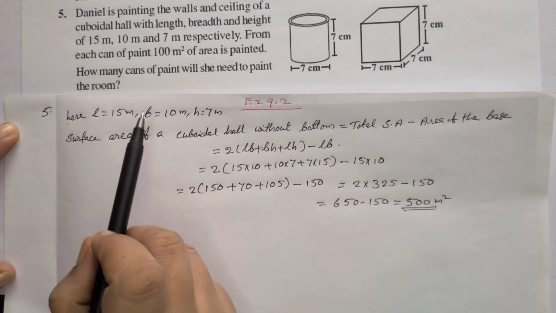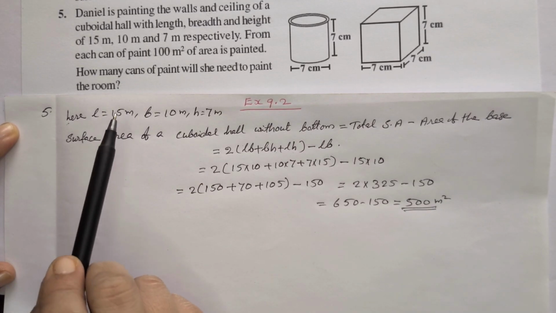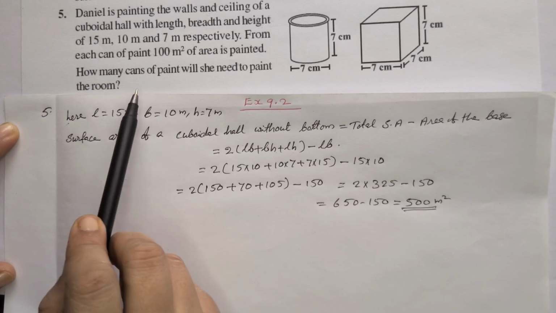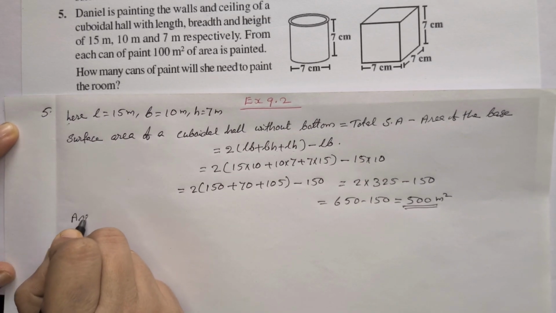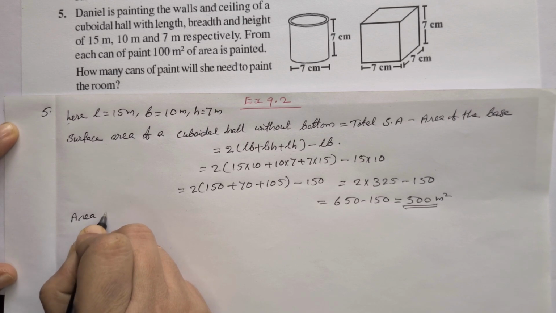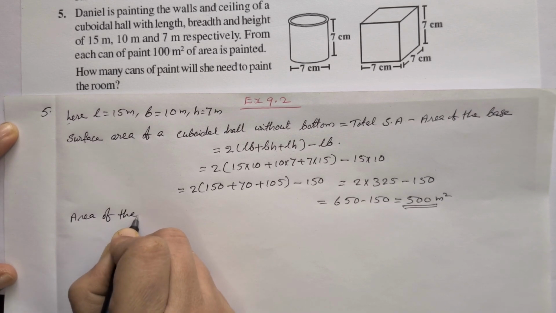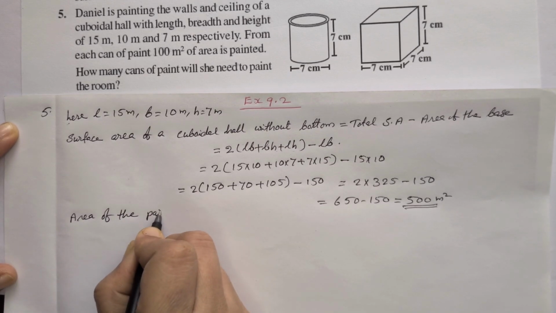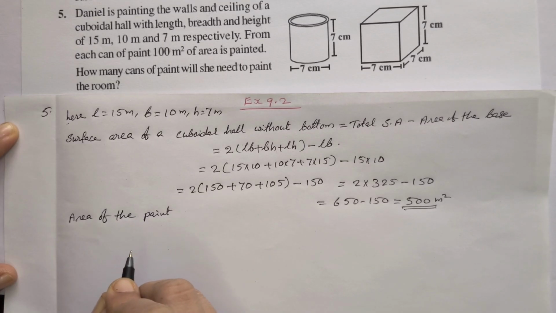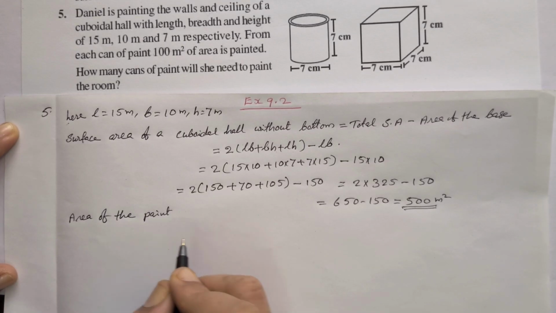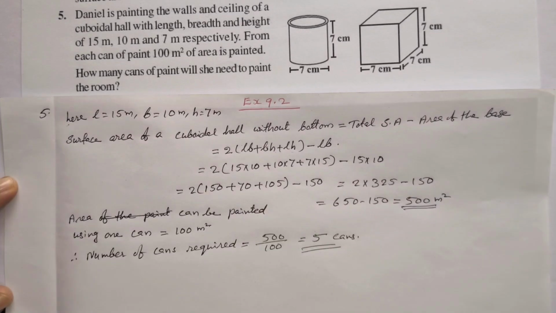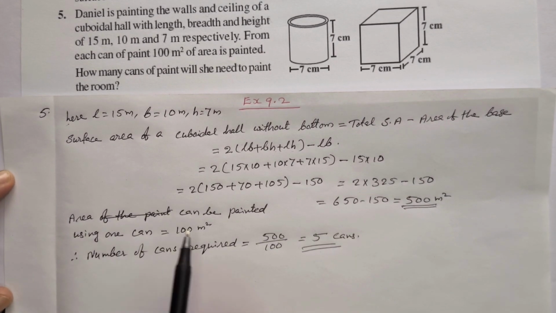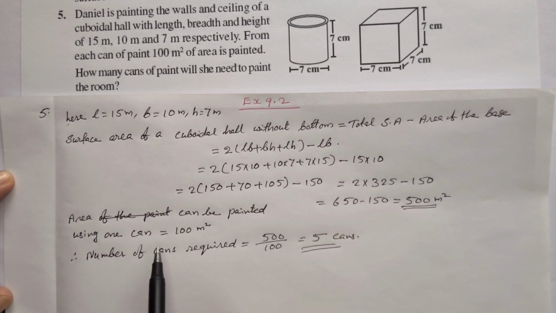Now here it's given the area of the paint in 1 can, that is 100 meters square. So we can write here, area that can be painted using 1 can is 100 meters square.